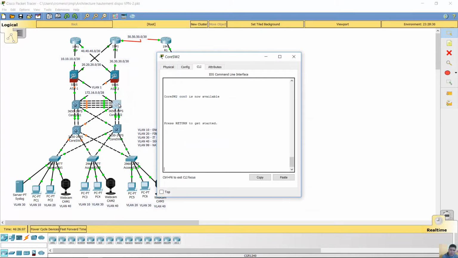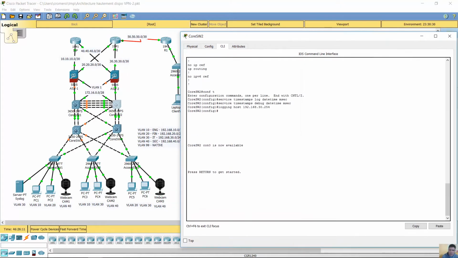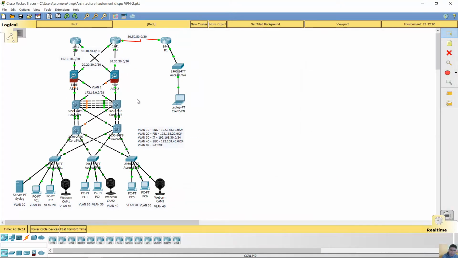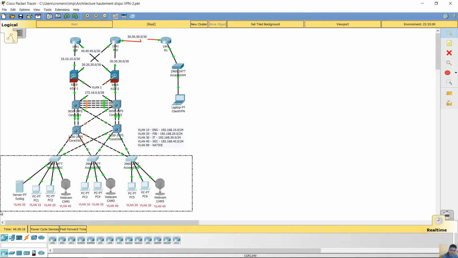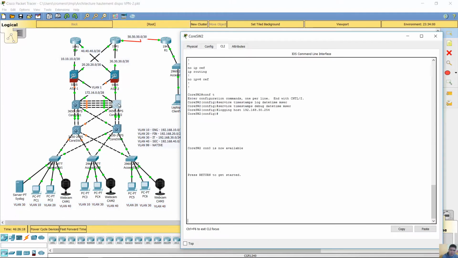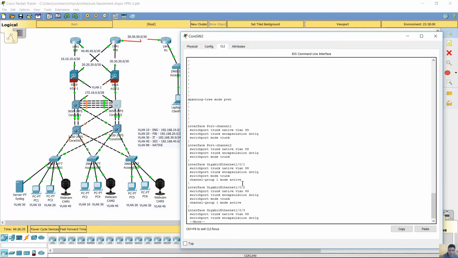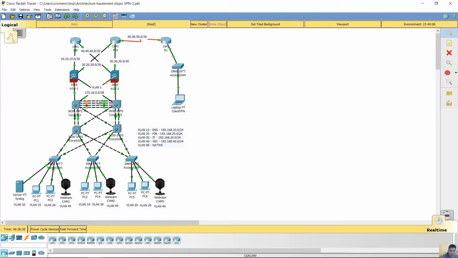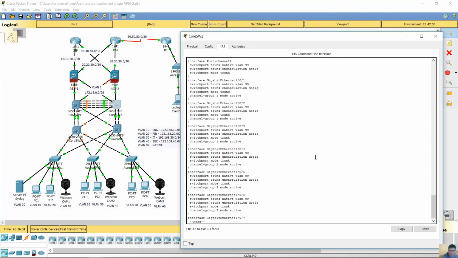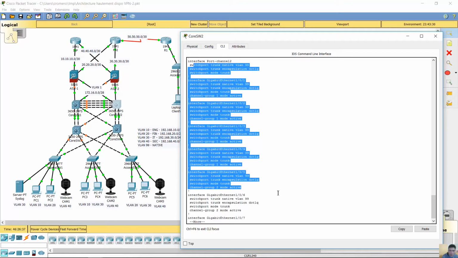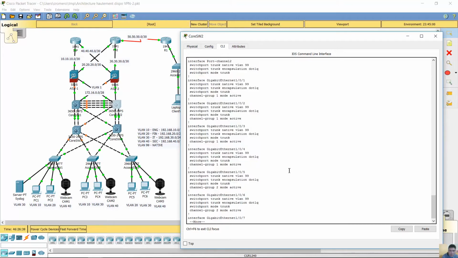And the configuration on the other core switch, the layer 3 switch, is the second gateway for the LAN and clients, the second gateway acting like a router. Enable, show running config. Port channel 1 and 2, and the trunk ports.